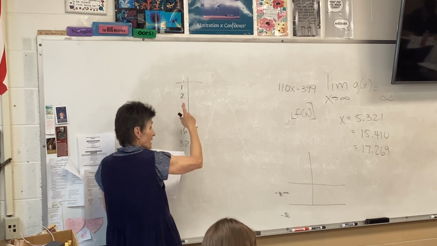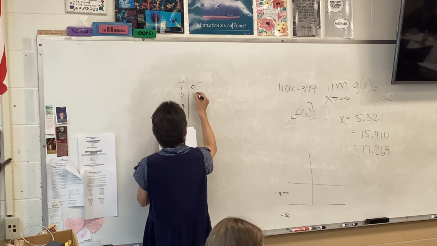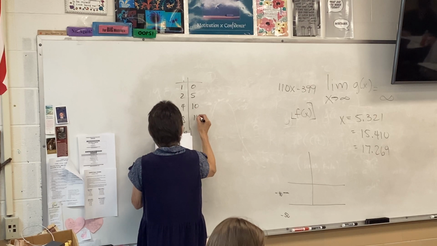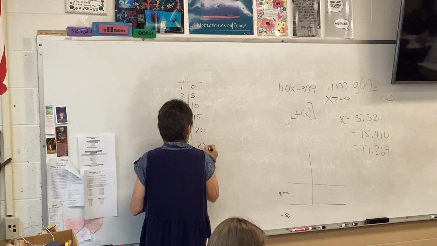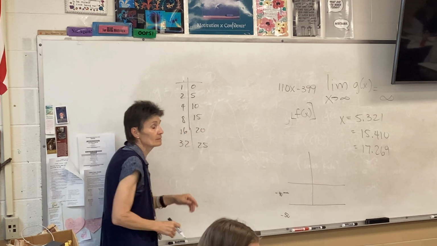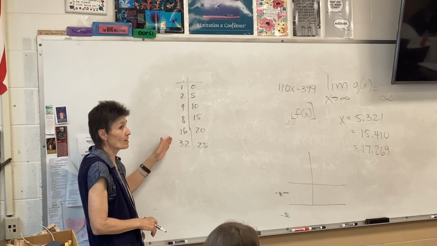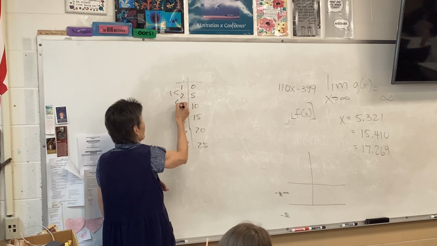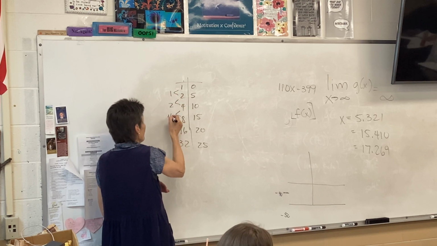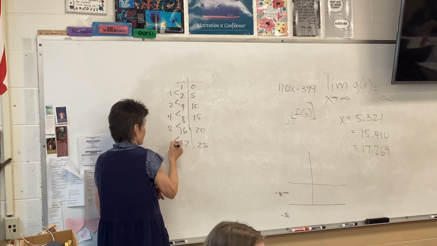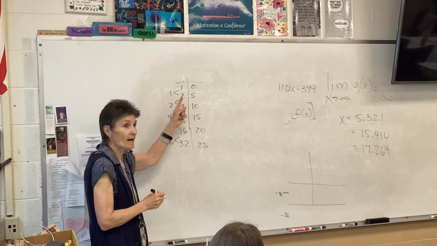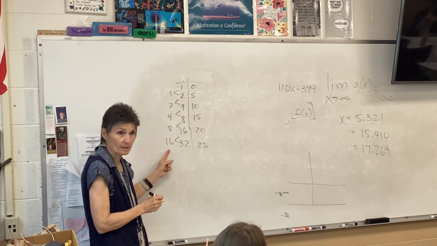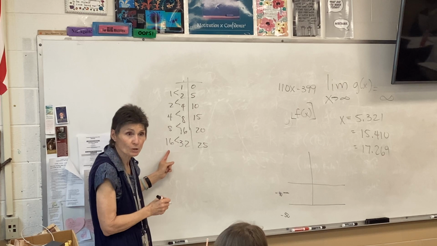These are not same size intervals, by the way. What's happening over here? We're not going up by ones, what are we doing? We're going up proportionally. Would you agree with that? These are my changes. They're going up proportionally.